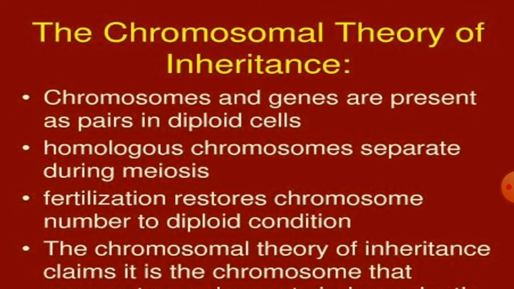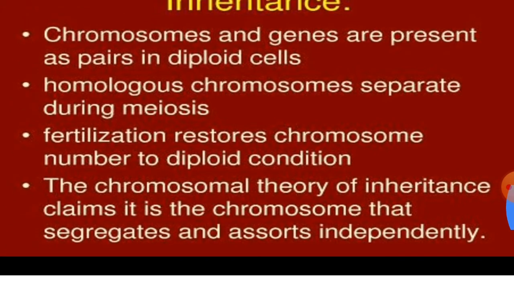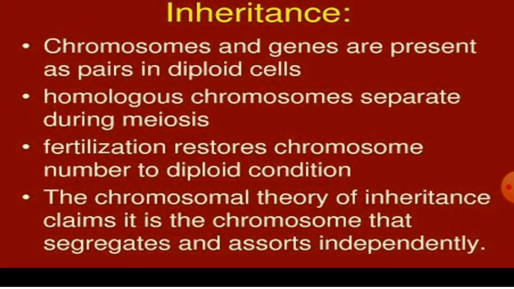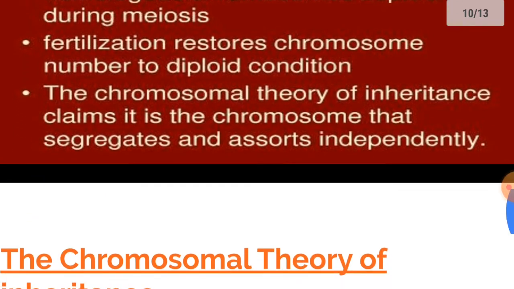Homologous chromosomes separate during meiosis, the type of cell division which occurs for the formation of gametes. Fertilization restores the chromosome number to diploid condition. The chromosomal theory of inheritance claims that it is the chromosome that segregates and assorts independently. Clear? So these are the points.